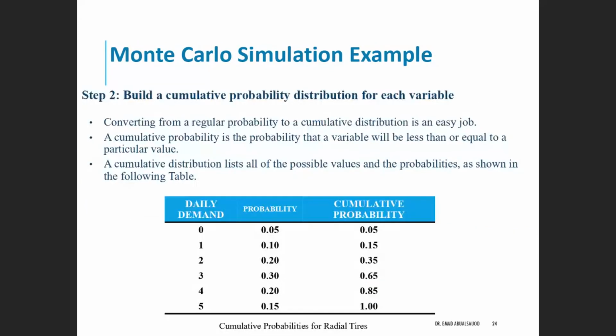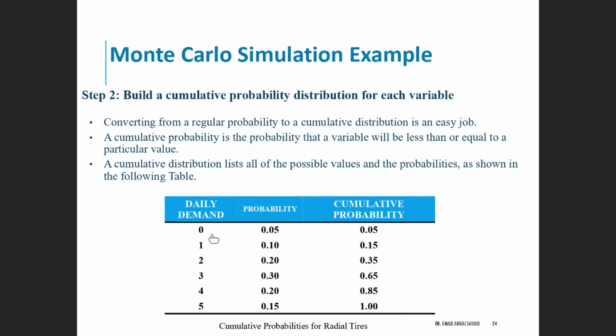The sum. The probability of zero demand is 0.05. This is the probability distribution, this is the column of cumulative probability. You already did this in the first step. In the second step, you are going to do this cumulative probability.